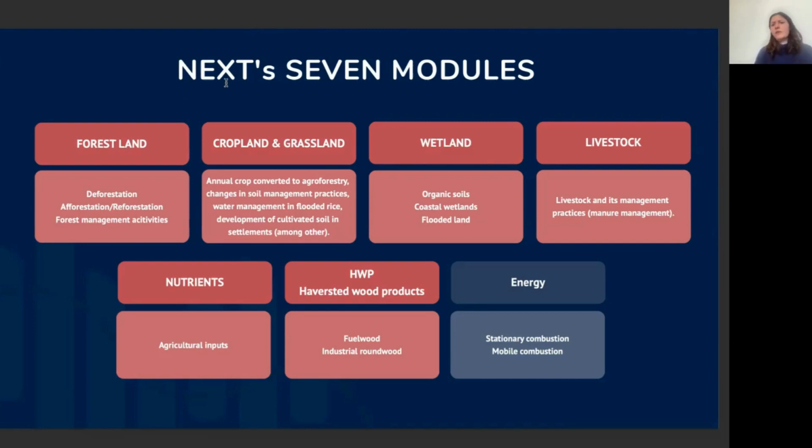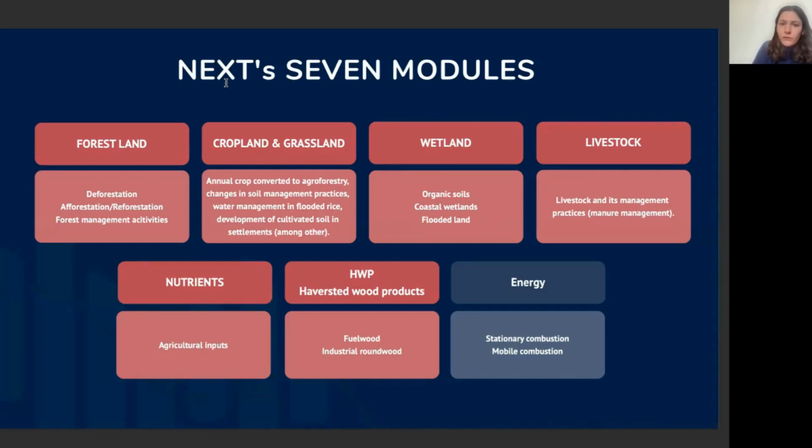The crop and grassland module, this is more or less to calculate any emissions related to what is not forest. So, for instance, I put this example of annual crop converted to agroforestry, changes in soil management practices, water management in flooded rice.